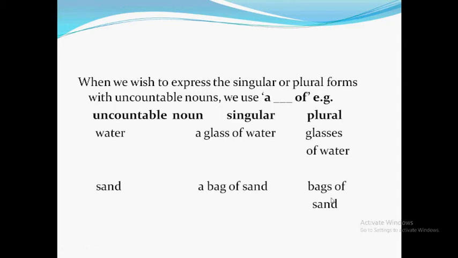So this is how these uncountable nouns can be expressed in terms of singular or plural forms. Okay? Can you think of any other examples, or can you use the example of ink and milk to put them in singular form and in plural form, like we have done for water and sand?